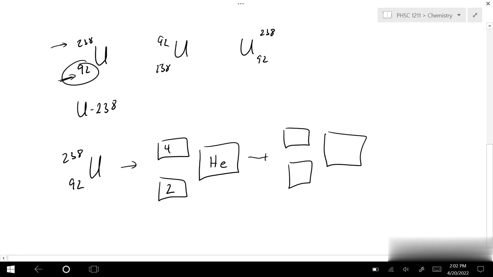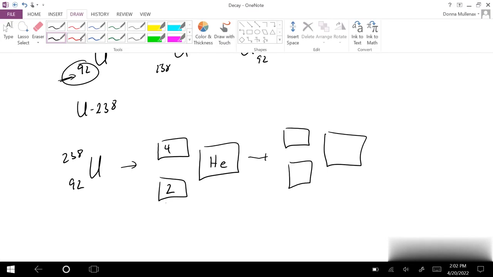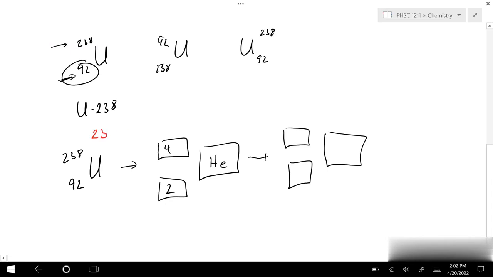The first thing we're going to produce is a helium nucleus. The helium nucleus has two protons and four particles in the nucleus, or an atomic mass of 4. And now it becomes math. We have 238 equal to 4 plus x.